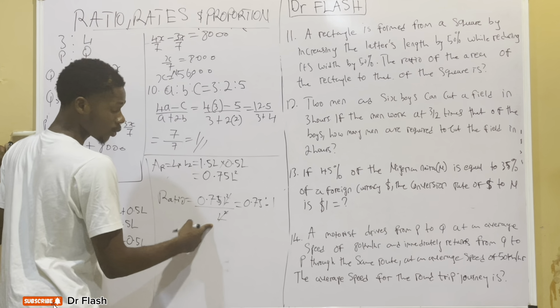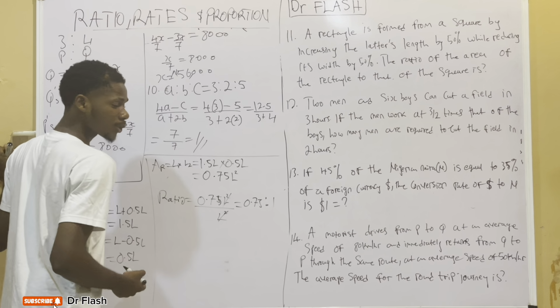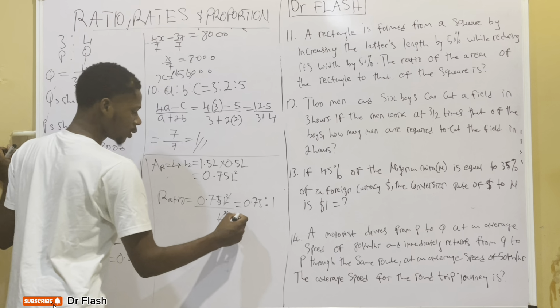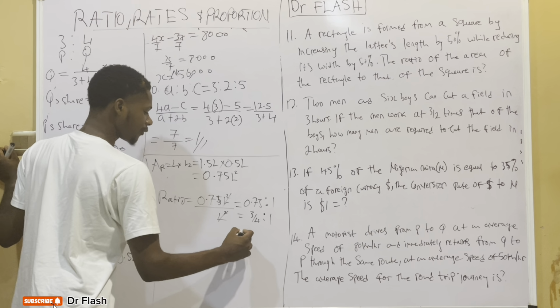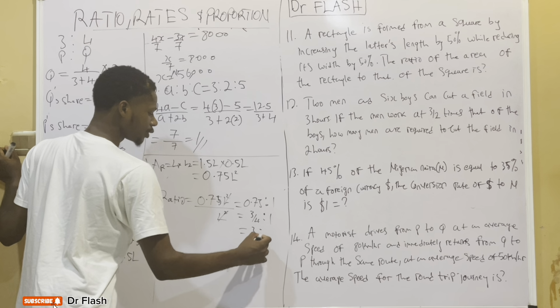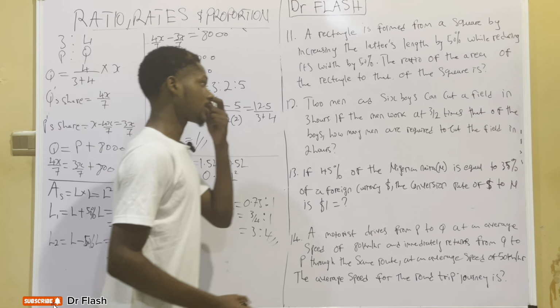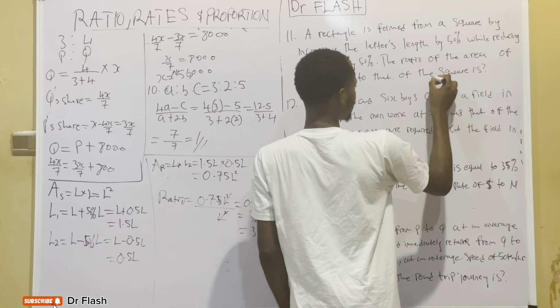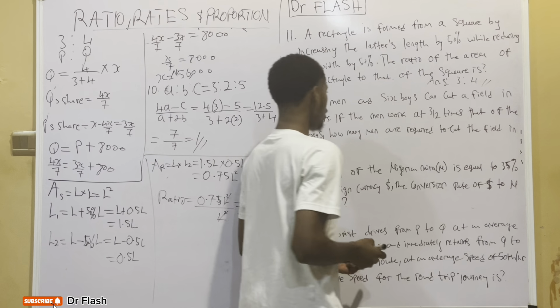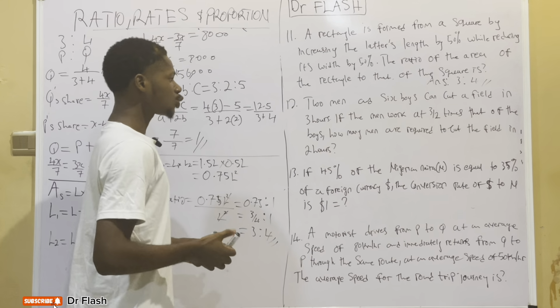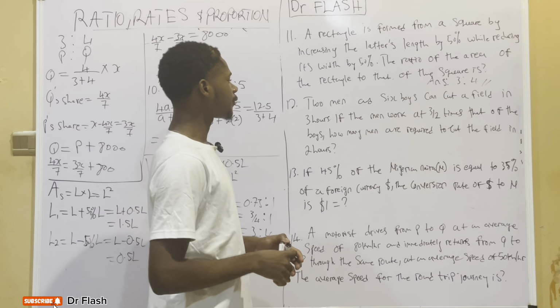Because we're simply having 1 in the denominator. Now 0.75 in fraction is 3 over 4. So that's 3 over 4 ratio 1. Or multiplying both sides by 4, we're going to get 3 ratio 4. So that is the correct answer. So the ratio of the area here is 3 ratio what now? 4.